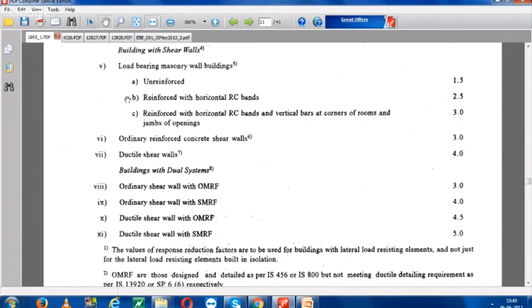You can take the one reinforced with horizontal RCC bands at the corners of the rooms and the jambs of the openings, and vertical bars.